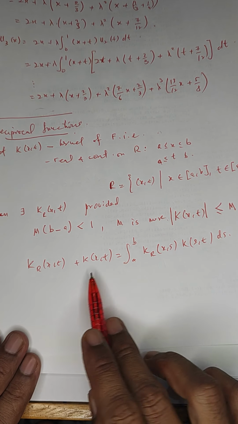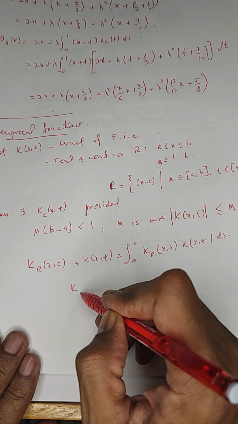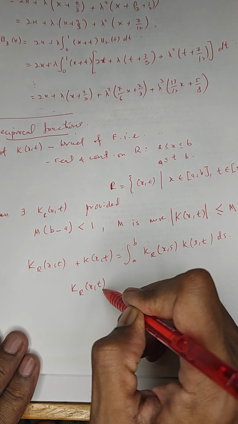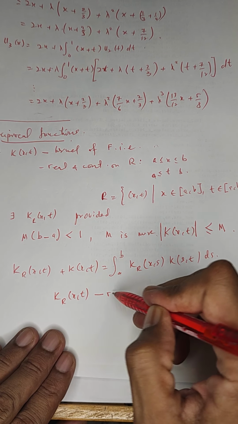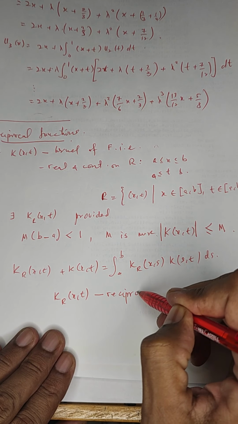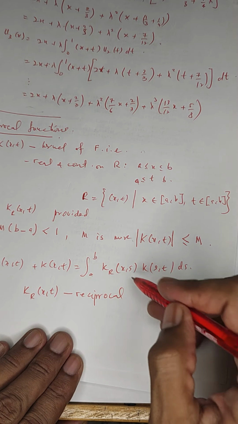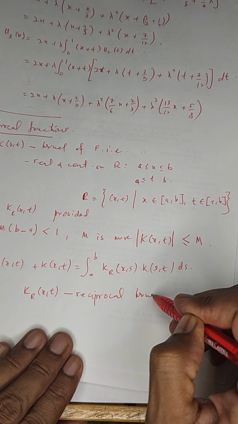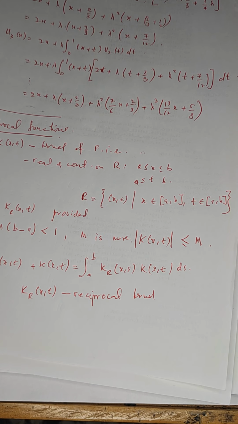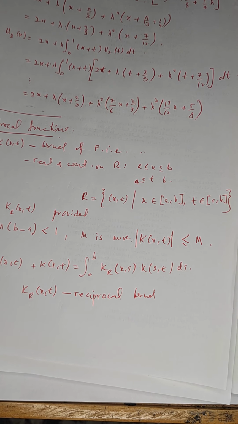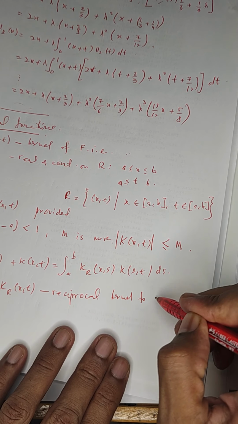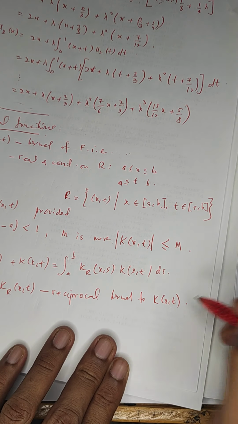So this k_R(x,t) we call a reciprocal kernel to k(x,t), and vice versa.